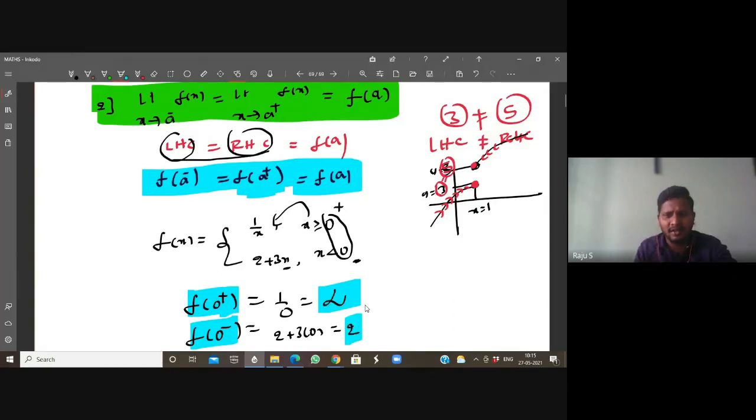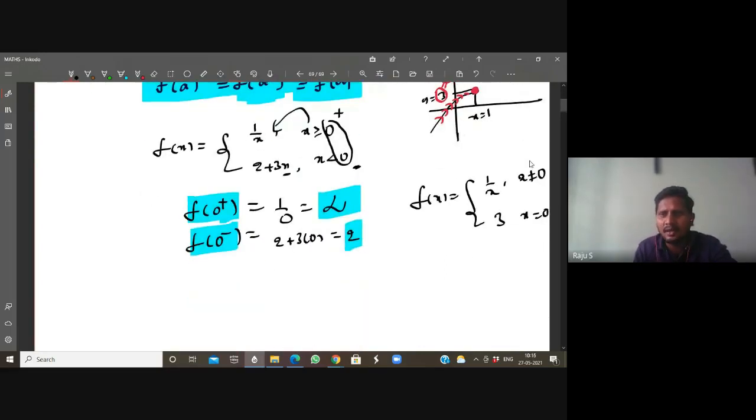Sometimes both will be infinity. For example, I am going to write one condition, the same function I am taking: x not equal to 0 given, and some 3 for x is equal to 0 given. So what is meant by this? x not equal to 0 means the function they have given for x lesser than 0 and x greater than 0, both cases are 1 by x. What is LHC, that is f of 0 minus, and what is f of 0 plus?